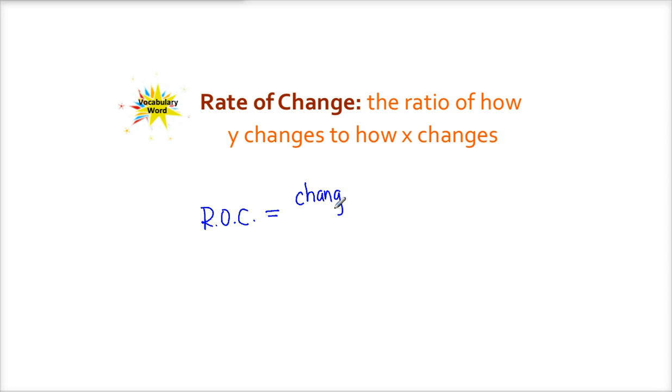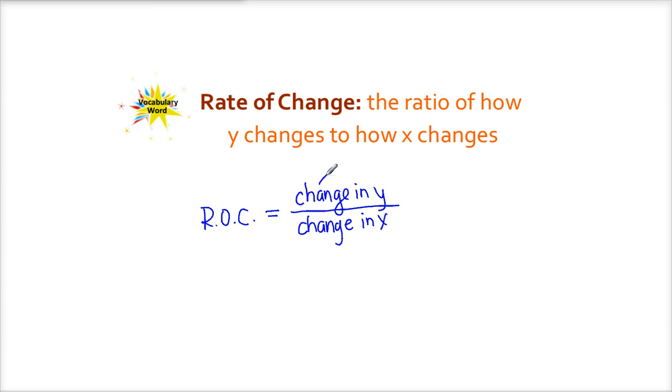So we're going to do the change in y to how x changes, the change in x. Okay, so basically what we're going to do is find 2 points on our line or 2 points on our table, and see how much the y values changed by and how much the x values changed by, and put that in our fraction.